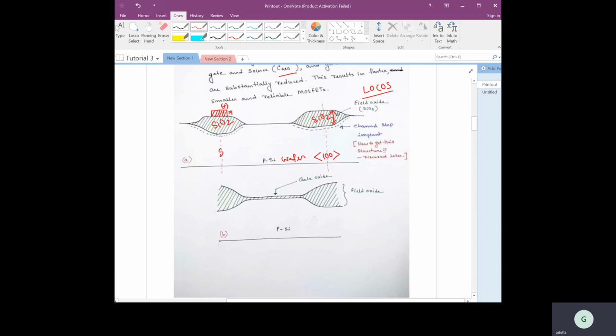So obviously, if you have a sufficient amount of positive voltage, then here also some channel will form, and that basically connects the device on this left side and the right side.